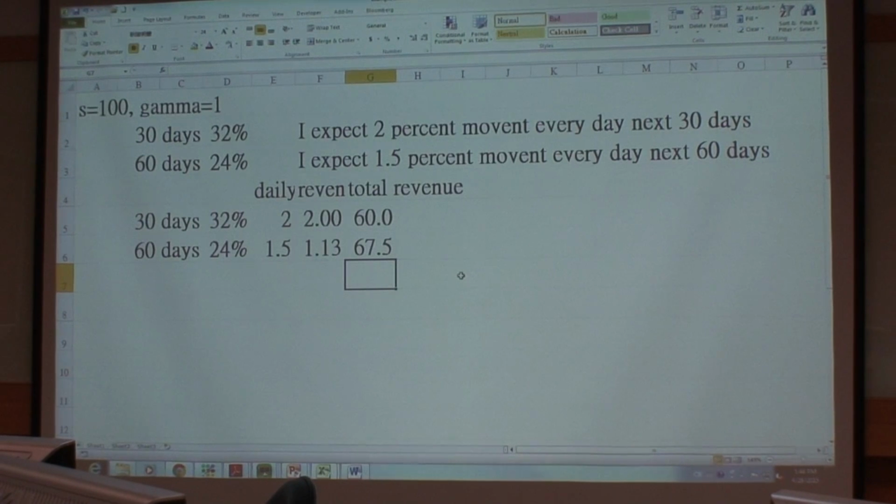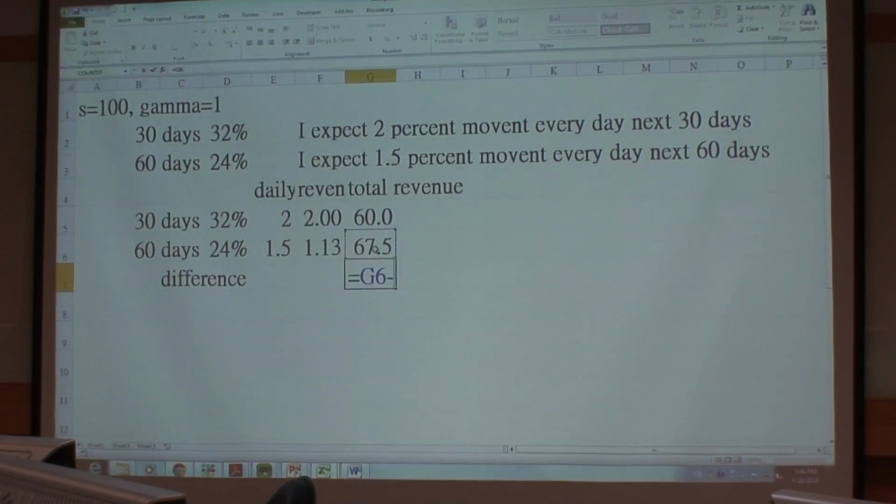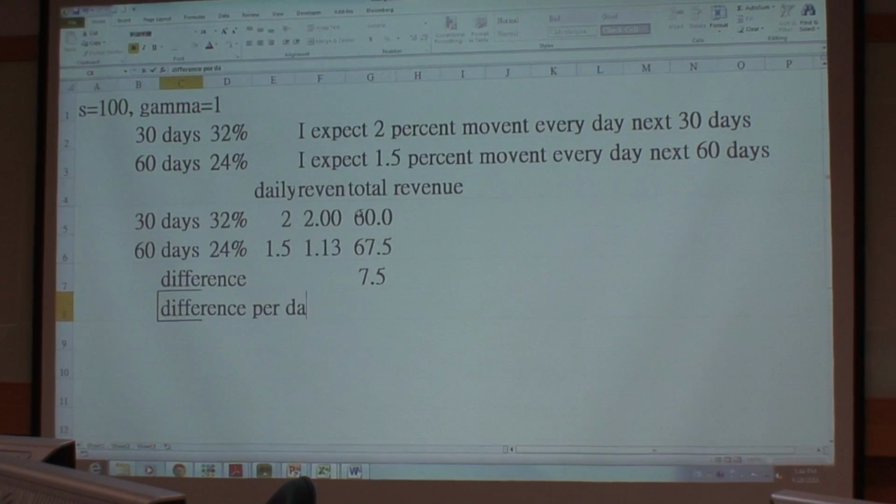So what I can now do is the difference is $7.5. So the difference per day, divided by 30, so difference per day is a quarter.